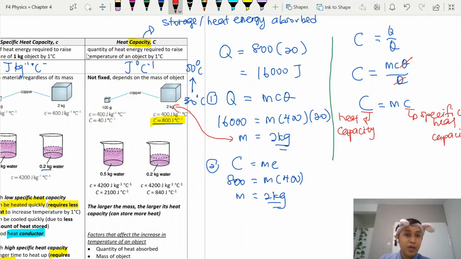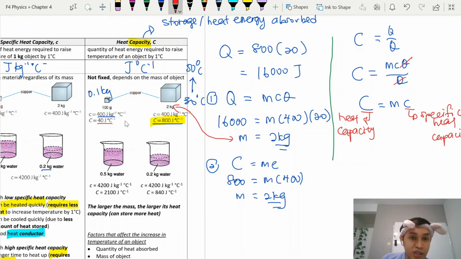To calculate the heat capacity, you can just take the specific heat capacity and multiply it to its mass. For example here, this is 0.1 kg, right? So if I want to know the capacity of this one, all I need to do is take the mass, multiply to its specific heat capacity, then you can get your capacity here.